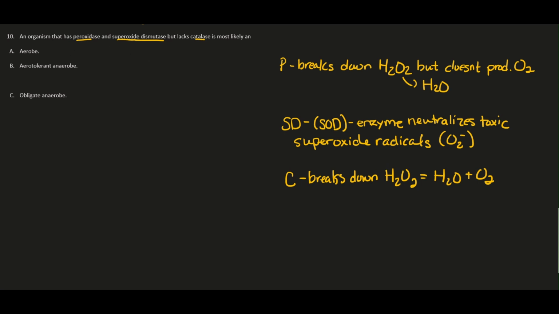Let's go to our options. Well, aerobes, they use oxygen for growth. B, aerotolerant anaerobes, they cannot use oxygen.